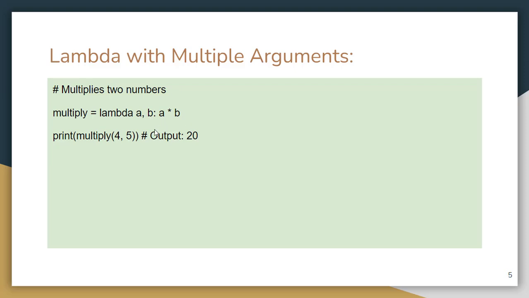Here in the expression, this program is to find the product of two numbers. In the actual parameters, the values given are 4 and 5. That means 4 is stored position-wise to a and 5 to b. After a times b, the output will be 20.